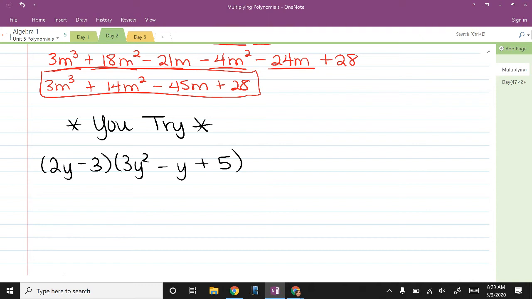Right here. 2y times negative y. There you go. You got the y. There you go. What do you say?